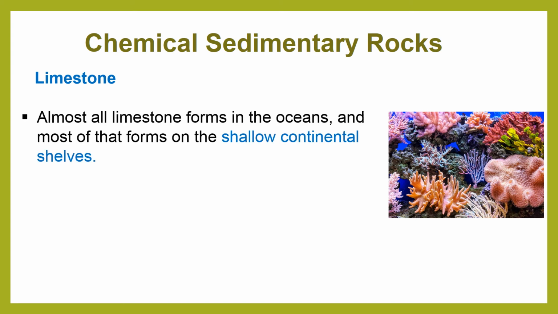Almost all limestone forms in oceans, of course, in salty water. Most of it forms on shallow continental shelves, but keep in mind that some of it also forms in deep areas.